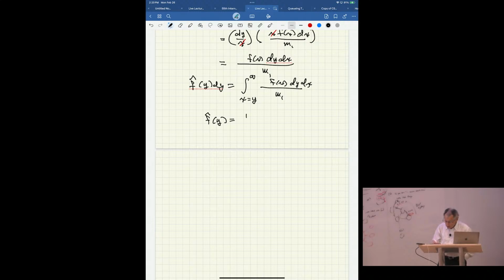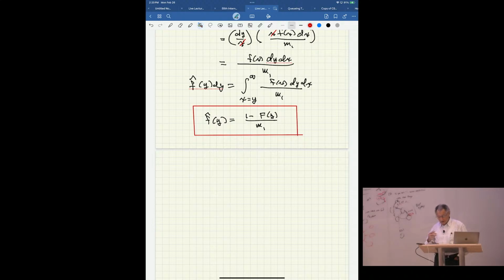Basically, that's 1 minus capital F of y over m1. And that's the main result. That says that the residual life density is related to the typical duration as 1 minus its cumulative over the mean.